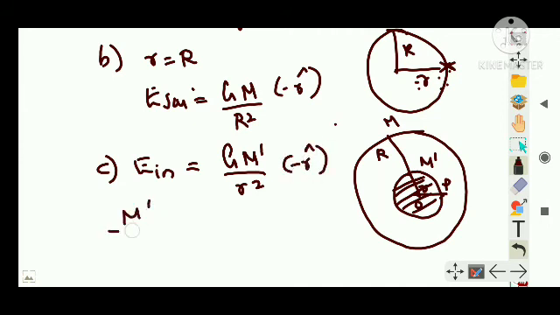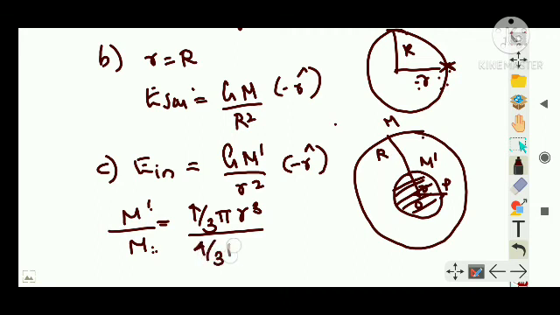So the ratio of the masses, that is the inner mass divided by the total mass, is equal to what? Density is same, right? So 4 by 3 pi r cube for the inner sphere, and this one has 4 by 3 pi capital R cube, right?